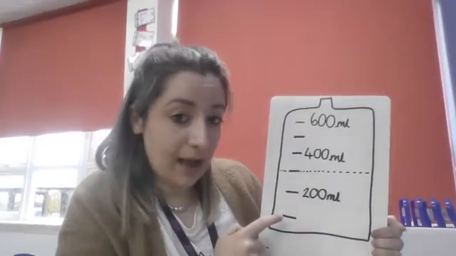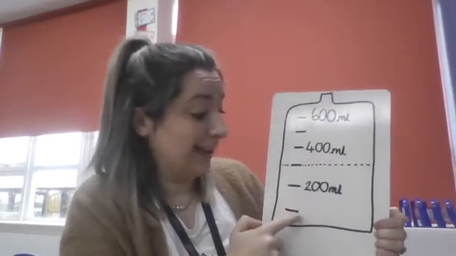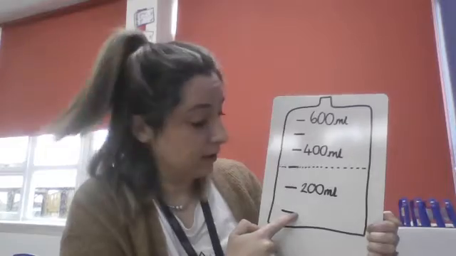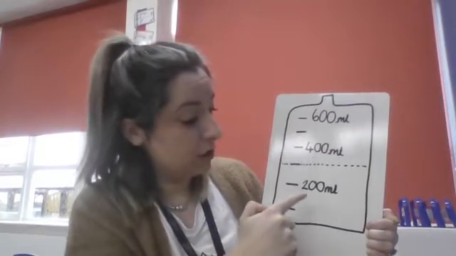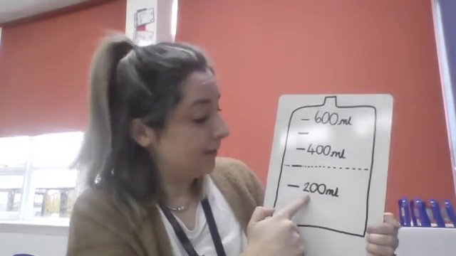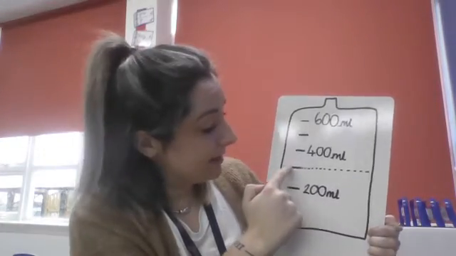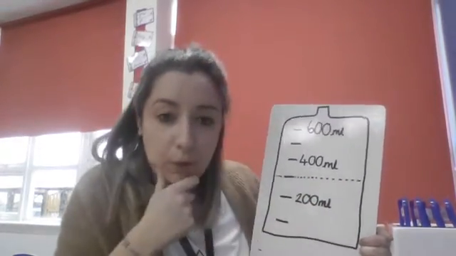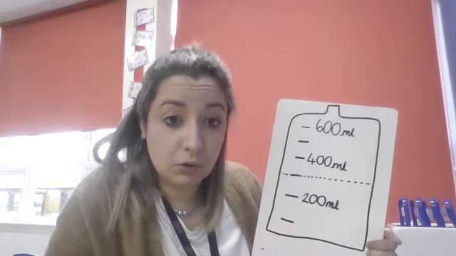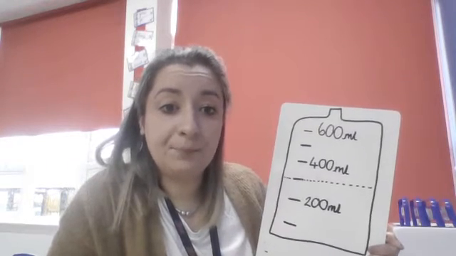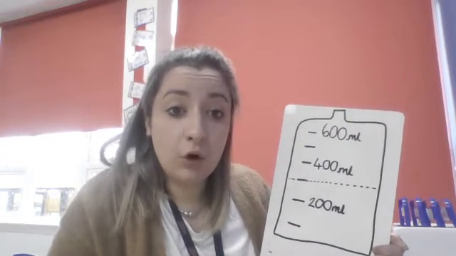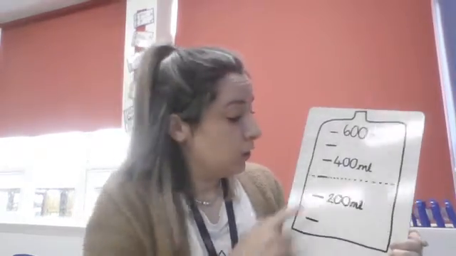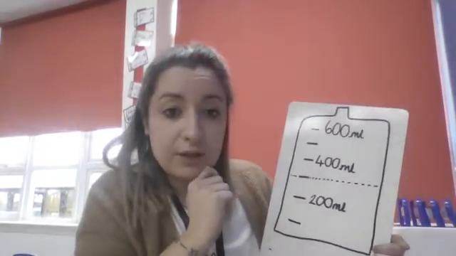Looking at my integers, 100 less would be 100. So we've got 100 milliliters, 200 milliliters, and then the next one that it is sitting right on would be 100 more than 200. 300 it would be. But we need to remember something to put at the end.